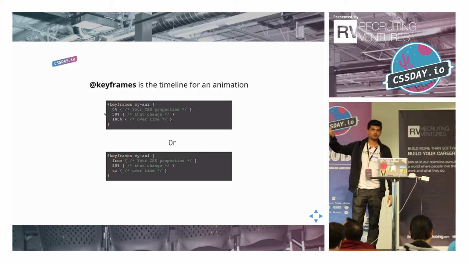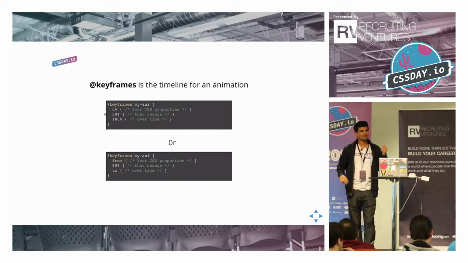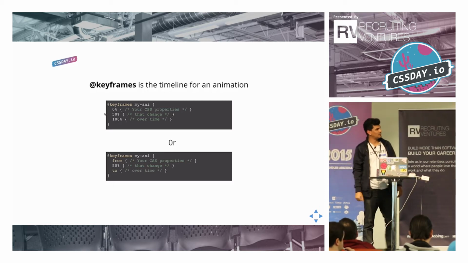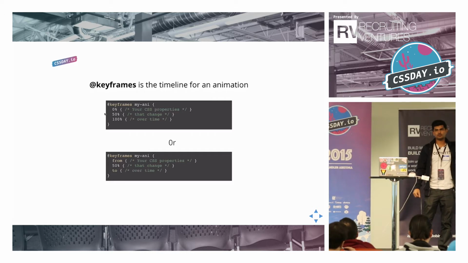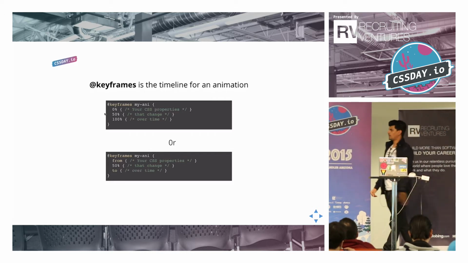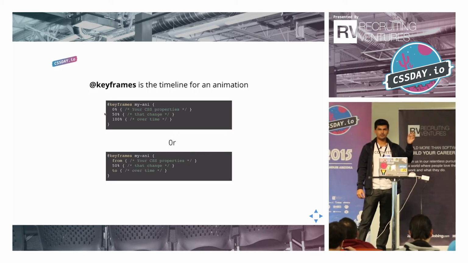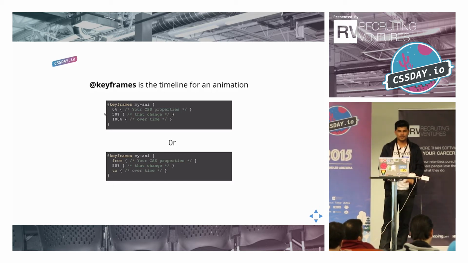At this percent, do this kind of animation. At this percent, do this kind of animation. Or a better way of doing it is just from and to. That's usually how I use it: from this starting point, move this object to this, and then to this, move that over there.